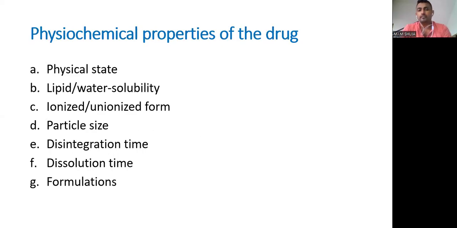When you take the physicochemical properties of the drug, again, the physical state of it, whether it is lipid soluble or water soluble, whether it is ionized or unionized, what the size of the particle is, whether it is small or large, what the disintegration time is, what the dissolution time is, and what the formulation is.